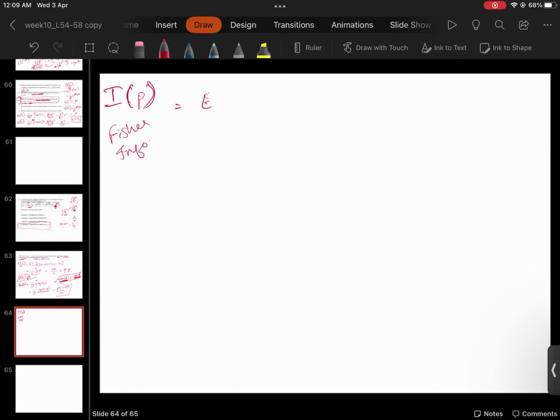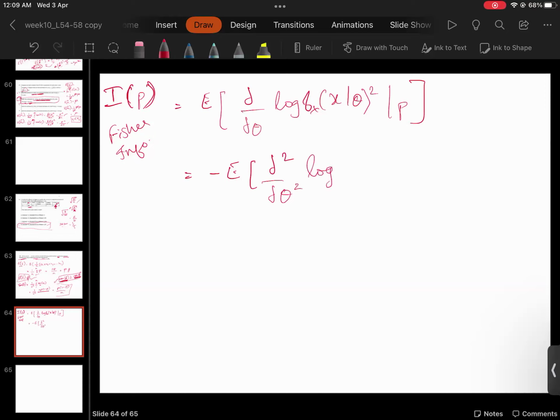It can be E of partial differential with respect to theta of log f of x given theta, the whole square, given P. And further, you do a double differentiation of log of f of x given theta.